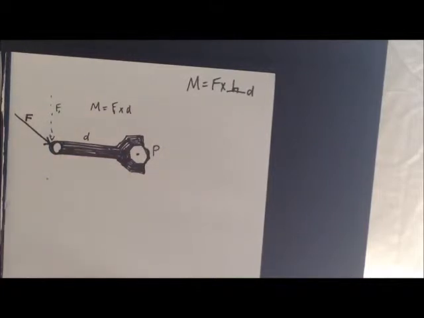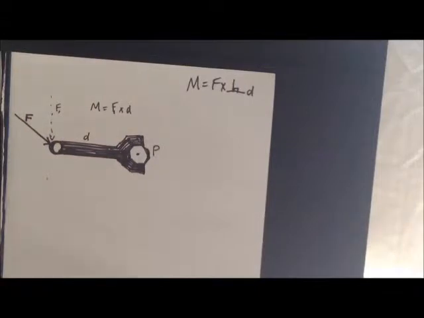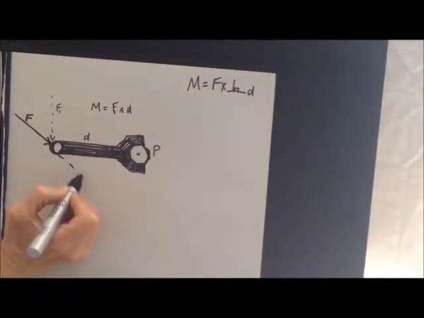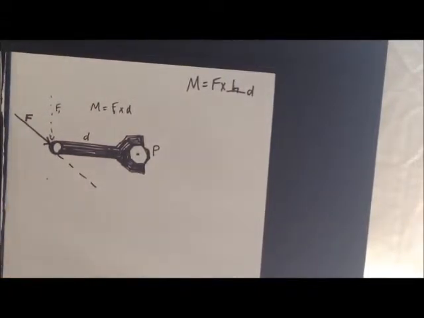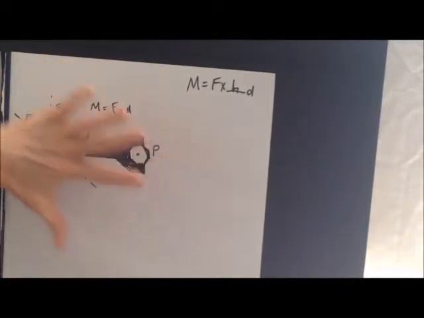But what we can do is imagine that when you're pressing down on something, there's a line of action going through the object that you're pressing down on, all the way through here. And that line of action always has horizontal and vertical components all the way along it.